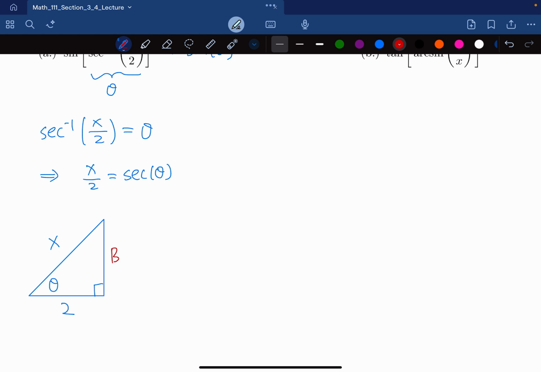Again, I'm going to use the letter b just because o is too hard to write to differentiate from the letter o, the number 0. But this is where the first common mistake tends to happen. Well, let's write this out. By Pythagorean theorem, I have x squared equals 2 squared plus b squared.